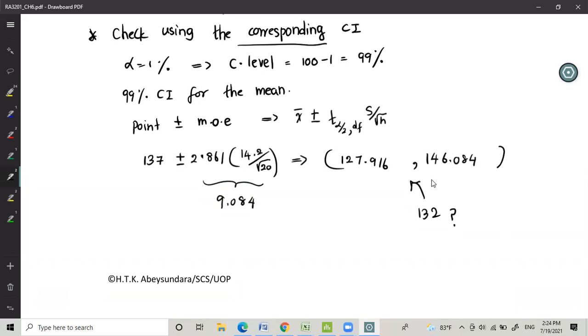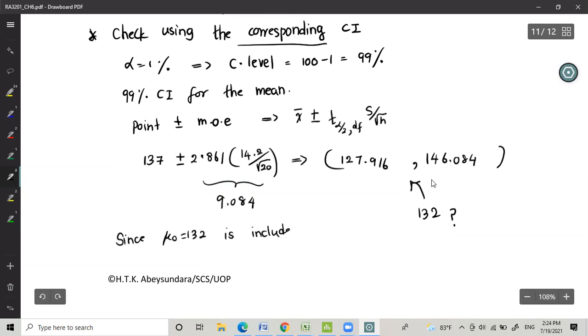Okay, the claim says the mean weight is 132. When we construct the 99% confidence interval, 132 is inside it. So we cannot say it is not, at the 99% confidence level, right? So therefore, we can write that since this mu naught, which is 132, is included in the interval, we fail to reject H naught.